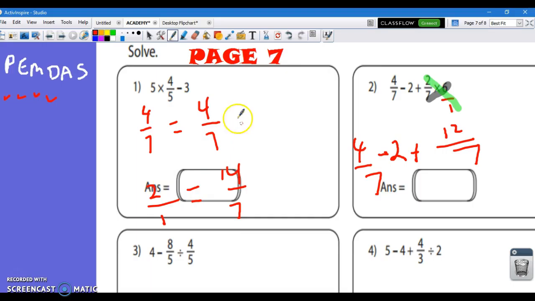So now we can subtract. Now if you're looking at this, oh, this one was tricky. If I subtract here, I'm going to end up with a negative number. 4 minus 14. Oh my gosh, I'm going to end up with a negative number. That's fine. So I have negative 10 over 7. And that's fine. Just leave it like that.